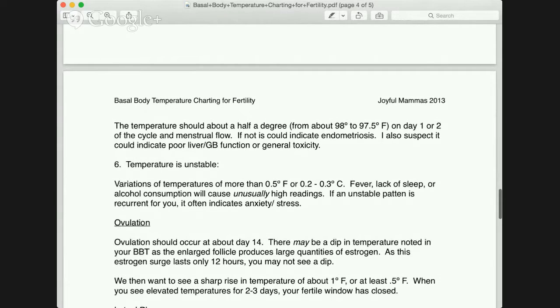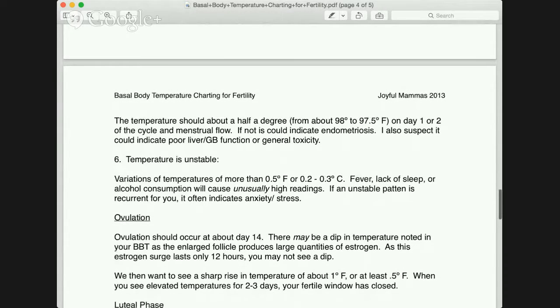So I would look for some underlying sources of endometriosis or PCOS. And I think it could mean that the body isn't clearing hormones very well. Maybe the person is obese, or maybe the person has low liver function and they're not clearing hormones, so they're still circulating and giving some signals out.